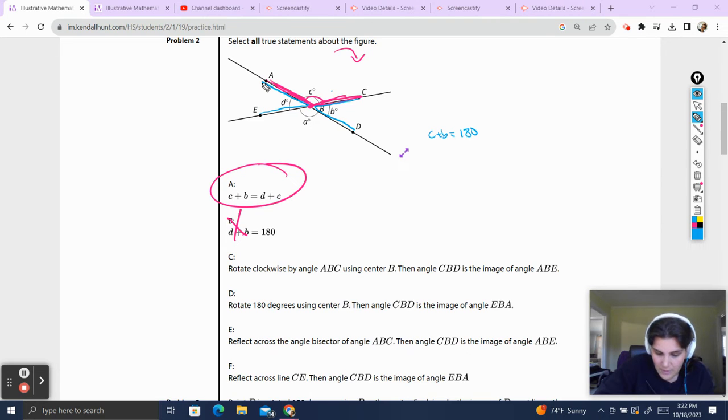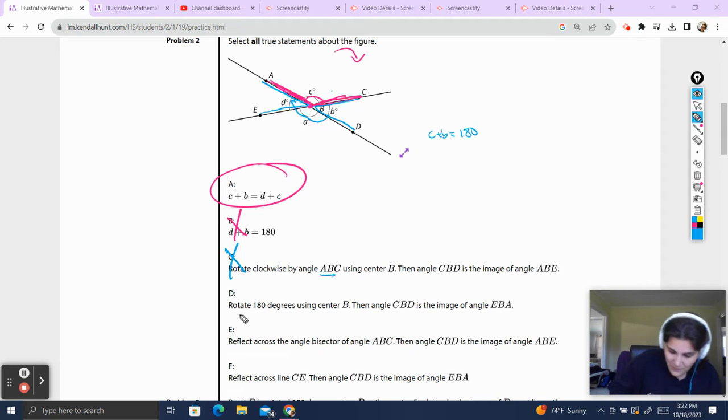Well, to get CBD to be the image of EBA, I believe we would need to rotate 180 degrees because this side would have to go all the way to that side for this to line up. So when we're rotating by angle ABC, that's not 180 degrees. So no, this would not be true.